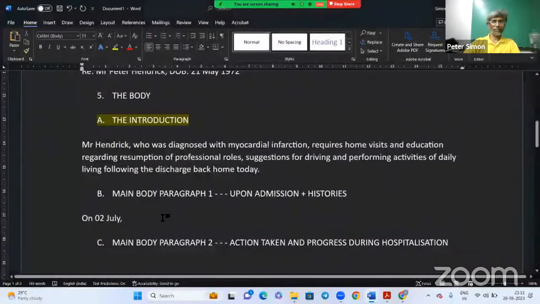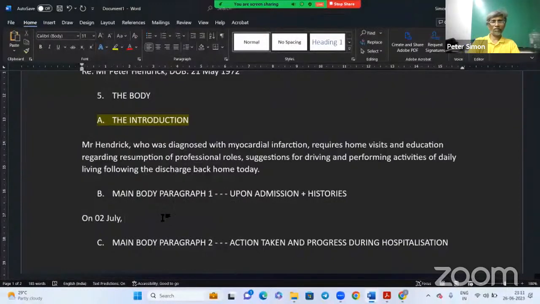On 2nd July, Mr. Hendrick was brought in by ambulance.